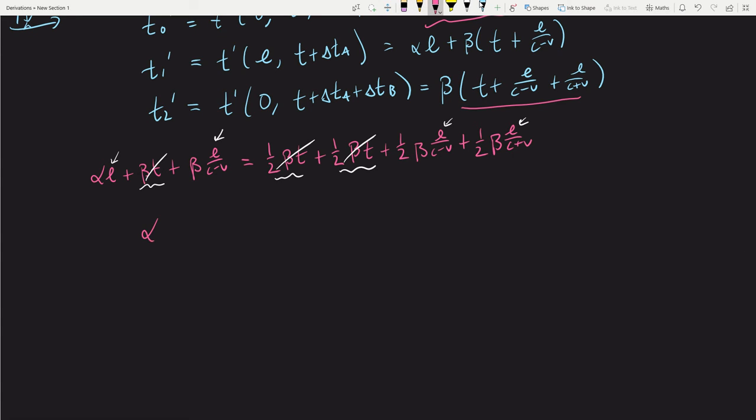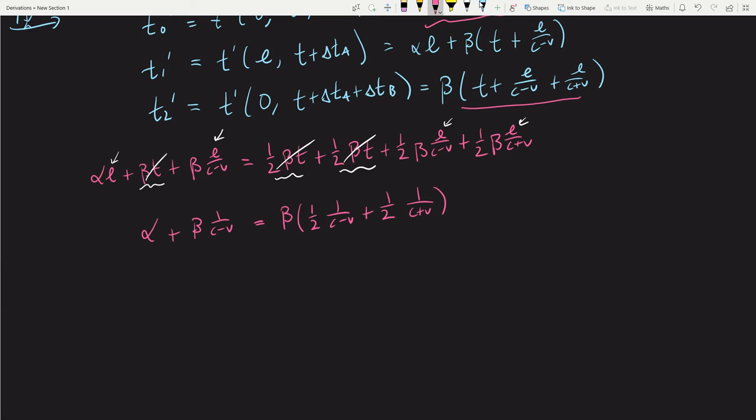We get alpha plus beta 1 over C minus V equals, let's do it this way, beta outside of half 1 over C minus V plus half 1 over C plus V.